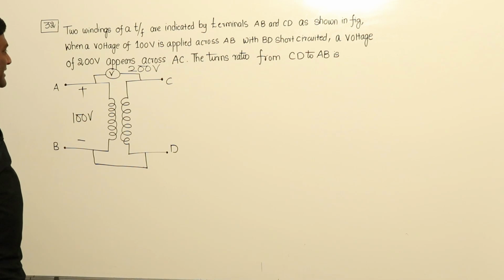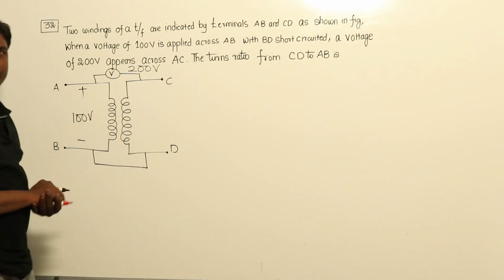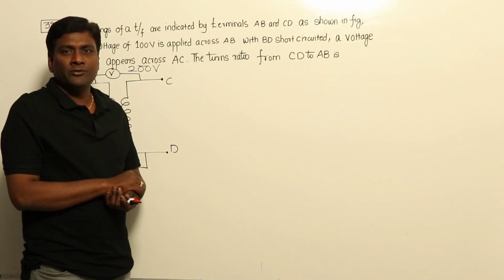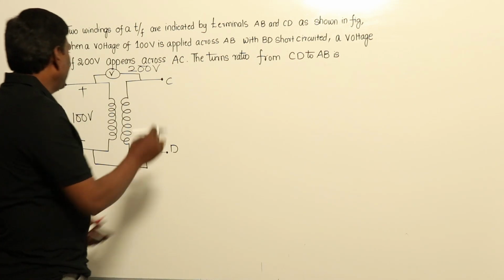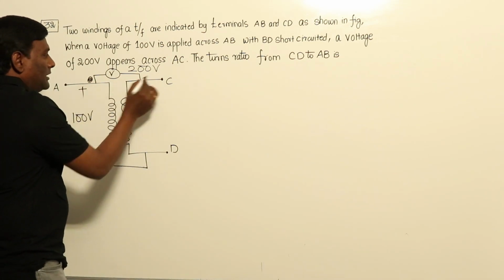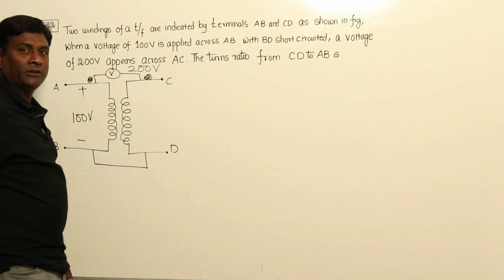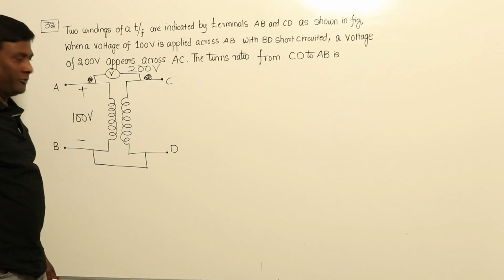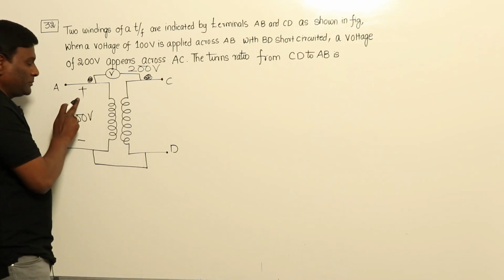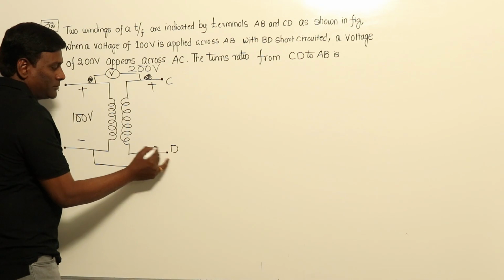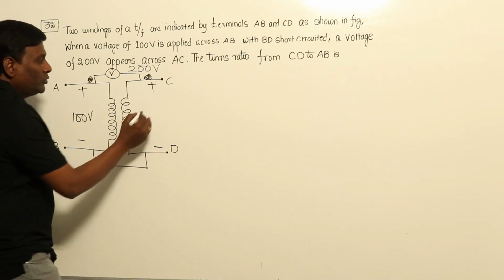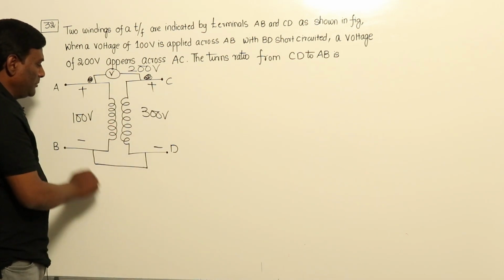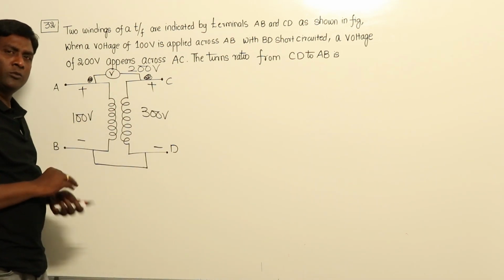The turns ratio from CD to AB, as we discussed, has two possibilities for the sense of the windings. For example, if this is dot and this is dot, then in order to get 200 volts, how much should this voltage be? If this is dot, which is plus, and this is also dot, which is plus, and I keep 300 volts here, then plus 300 minus 100, the voltmeter reading is going to be 200 volts.